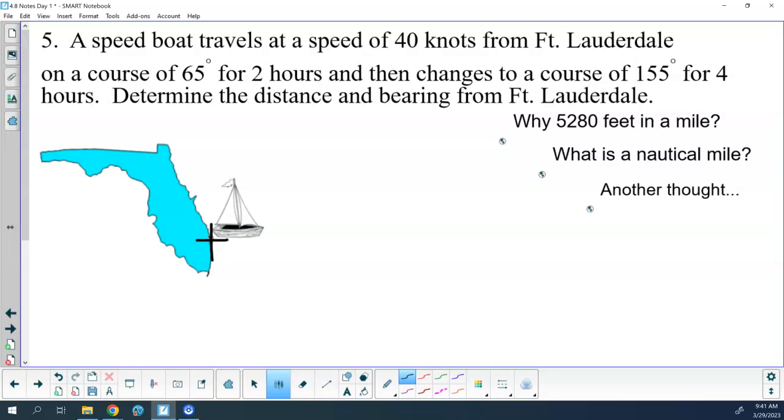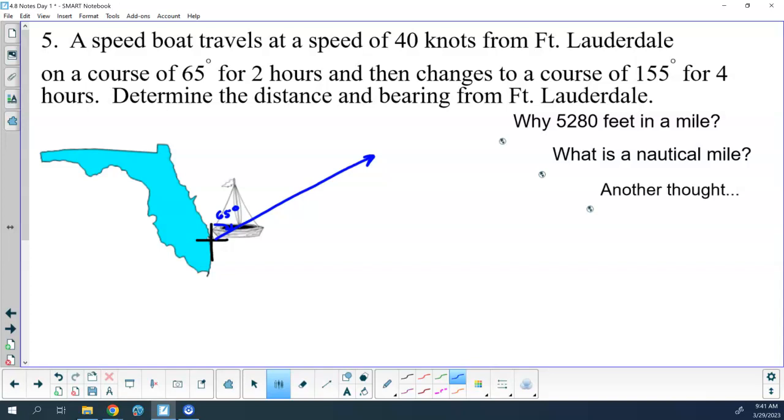And from that, we've got to go 65 degrees. Well, that 65 degrees is going to go out here in that general direction, right? Where this angle right here is my 65 degrees.